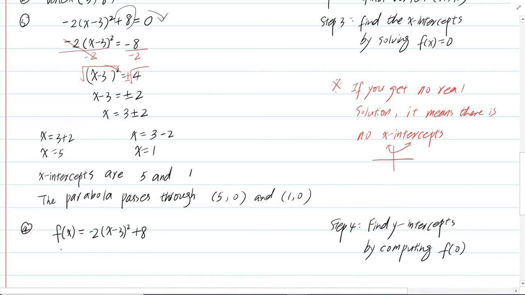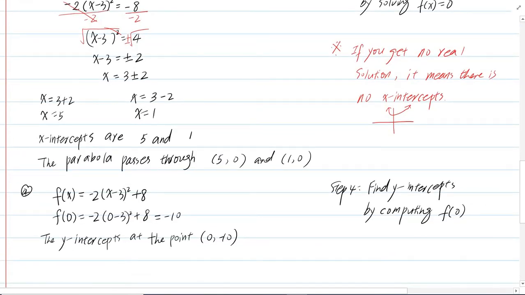What we're going to do is evaluate f(0). Plug in 0 for x, and then we have -2(0 - 3)^2 + 8. Then we get -10. You can do it step by step. So the y-intercept is at the point (0, -10).